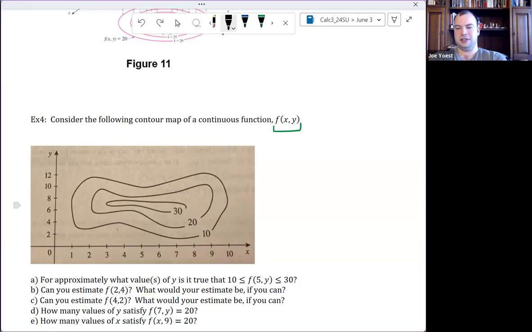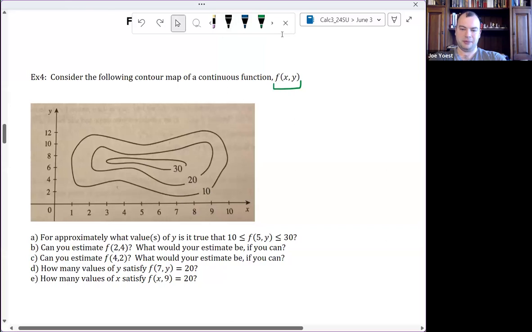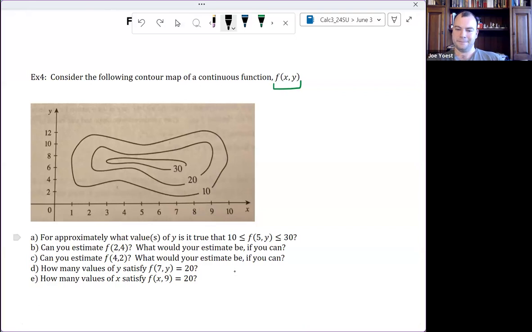But on the other hand, if I just gave you a level curve at 10, that's probably not super helpful for most applications. So just like if we were to choose a tabular representation of a single variable function, we'd have to make a reasonable choice of inputs and outputs to represent the function. Same idea here.